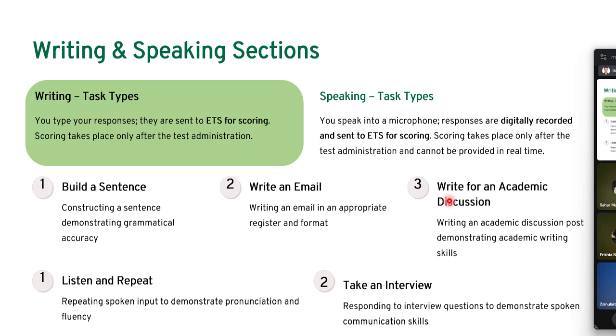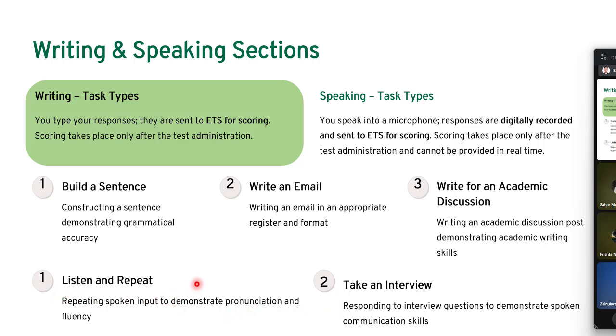These three are the tasks we have on the writing section. The next is the speaking section. The task types include these two: first, the listen and repeat task, and secondly, the take an interview task on the test. There is an interview, so we'll take a look at how it looks on the real test.